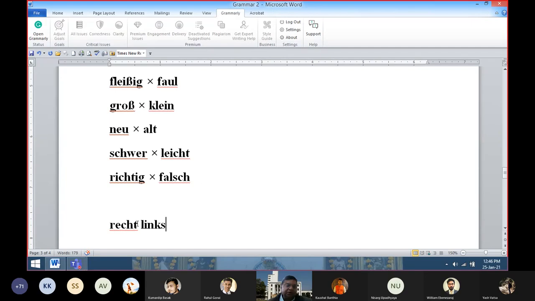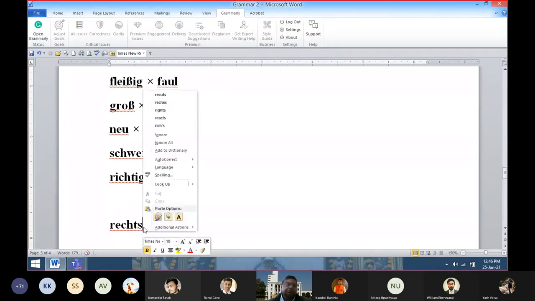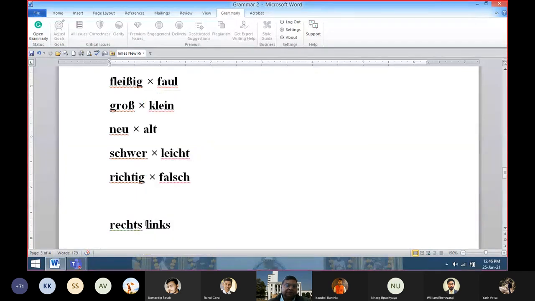These two words are used in the context of direction, rechts and links, meaning right and left. They are used particularly when you are giving directions. You go straight, then rechts and links mean right and left.